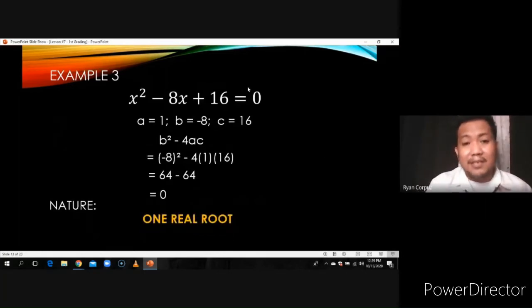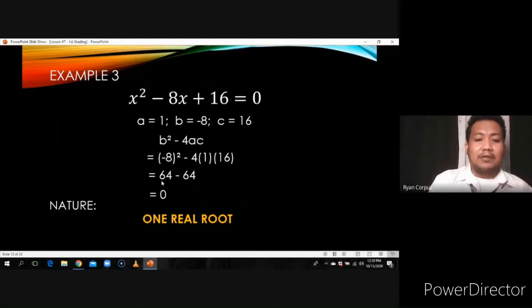In simpler words, if we solve this given quadratic equation, we will come up with solutions that are equal numbers. Meaning, the solutions to the given quadratic equation are the same or equal.